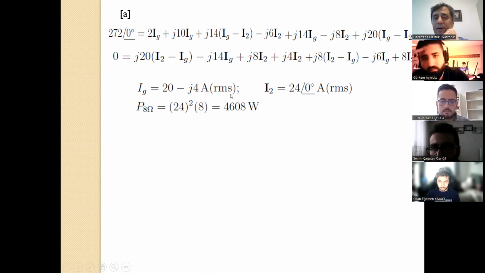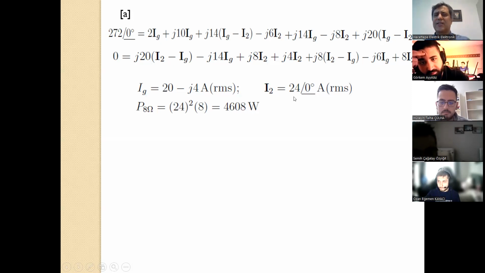Why? Because the source is RMS. So all the outcomes from now on will be RMS values. So IG and I2 can be calculated properly. I2, by the way, is just resistive. There's no imaginary part on the complex element.